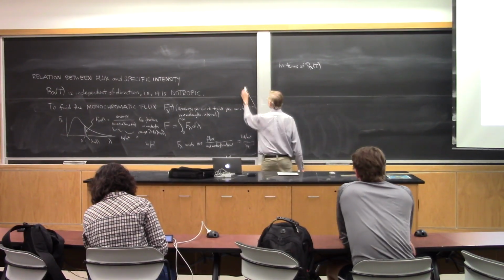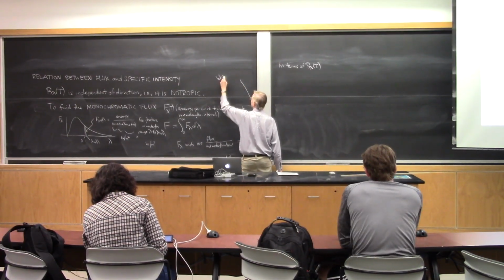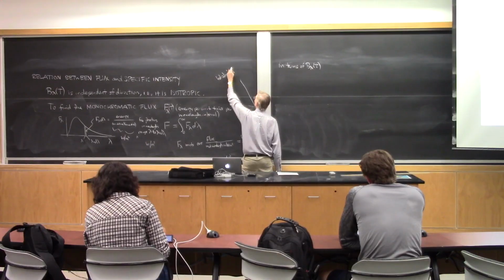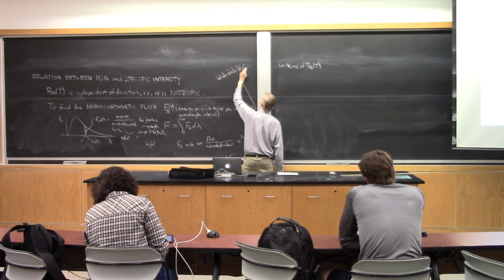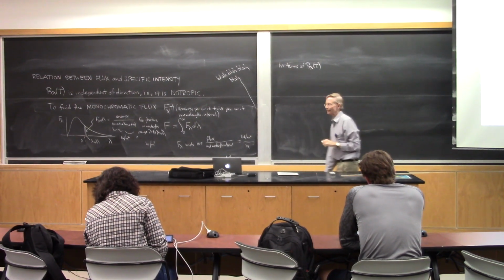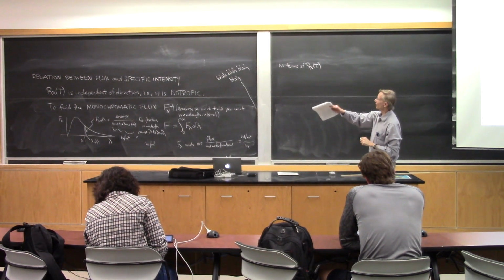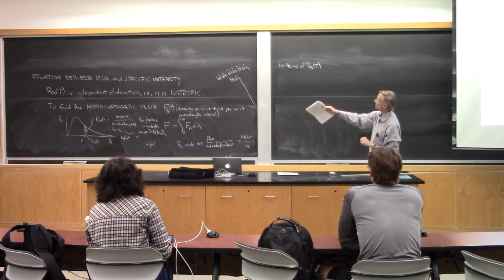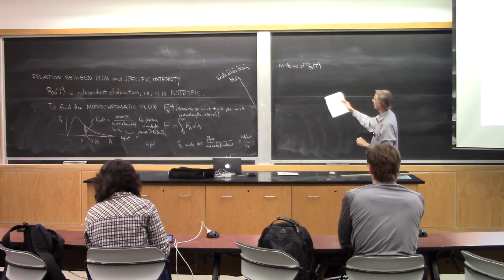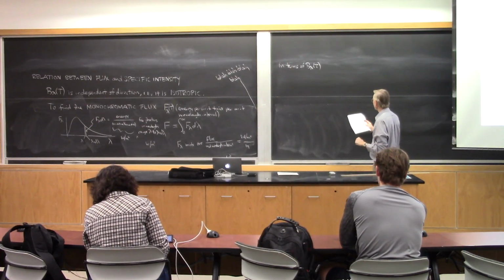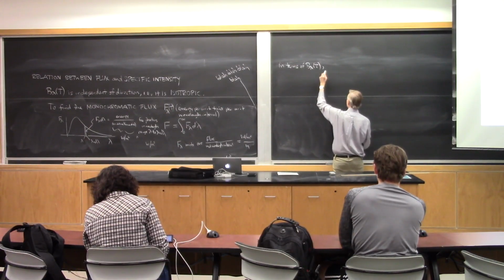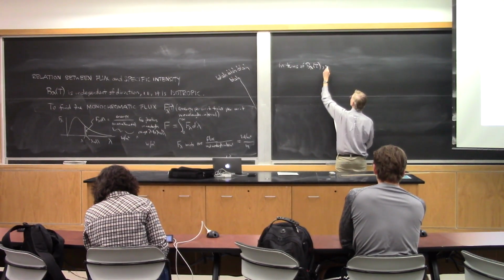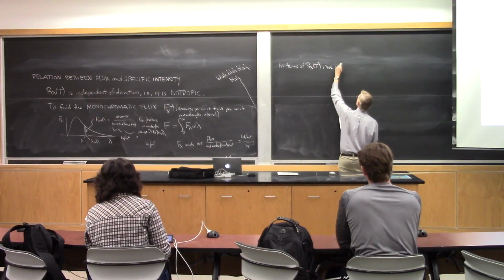So here I have to insert all that stuff we were saying before. And then finally, here's the sentence. To find the monochromatic flux F lambda of T in terms of B lambda of T, we integrate over solid angle into the outward hemisphere.